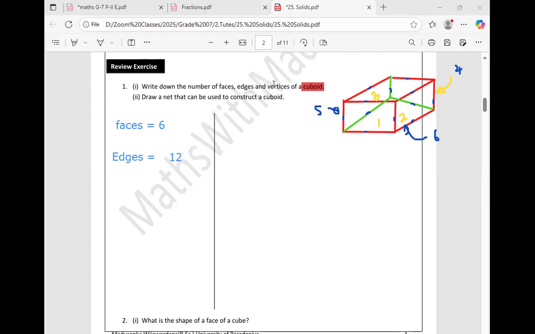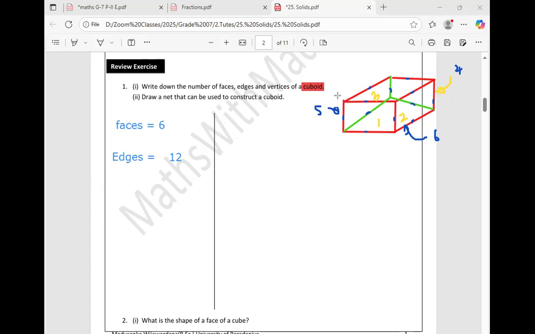Then we have to count the vertices. How do we count the vertices? What we call a vertex is where all the edges meet at the corner. This corner is called a vertex. I will use pink color to highlight them.